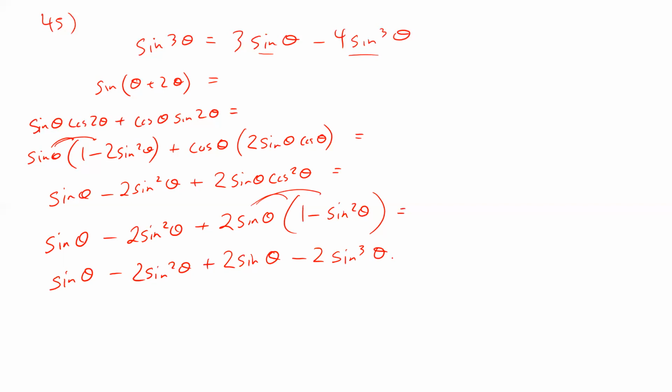Oh, sorry. Class, real quick here, sorry. When I distributed from here to here, that should have been a cubed theta coming all the way down. Sorry, those are the pens. Totally sorry.